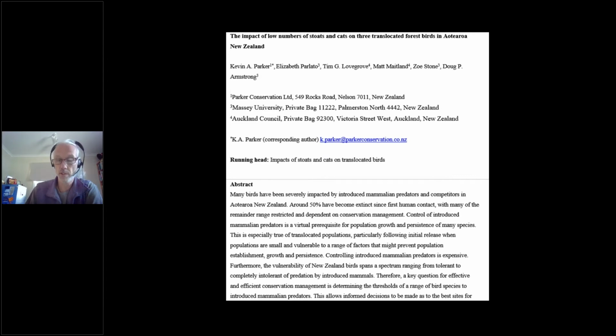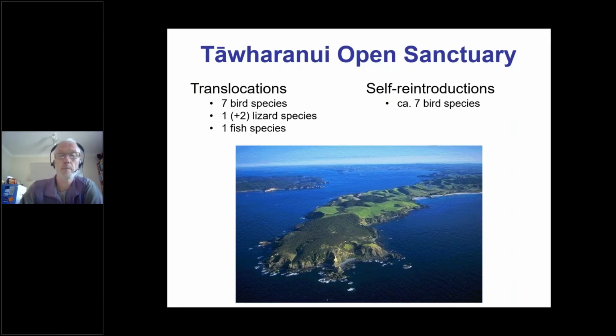So in this case, we're talking specifically about stoats and cats, and specifically about Tāwharanui Open Sanctuary, which is one of the peninsular sanctuaries, just off near Warkworth, up north of Auckland.